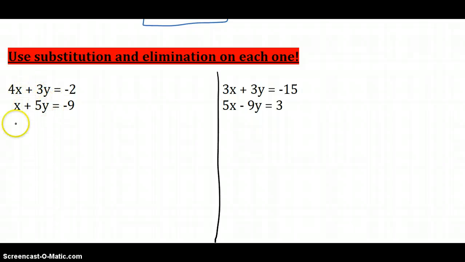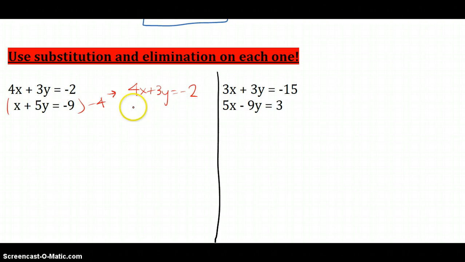So over here, I'm going to do elimination first. Elimination, again, is I multiply one of these to get the same coefficient but opposite sign. So I'm going to multiply this bottom one by -4. So my new equations, top one stays the same.